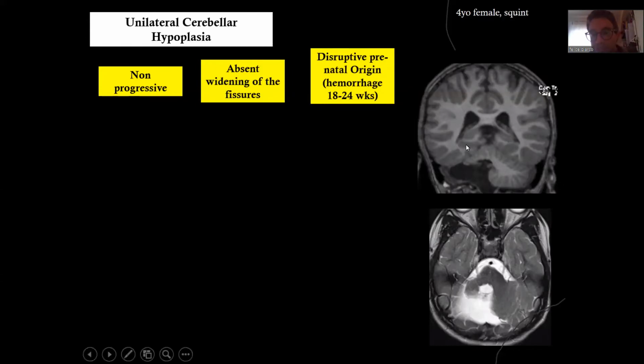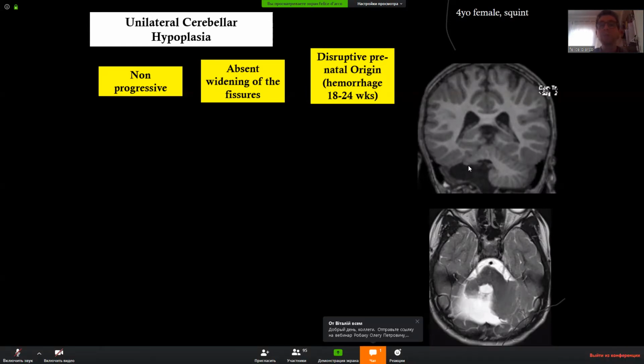The cerebellum can be very, very small, but there is no widening of the fissures, so the cerebellum is not atrophic. Most of the time, this is an insult that happened prenatally, which may have relevance when it comes to medicolegal problems, and they say it is between the 18th and 24th weeks of gestation. So you give a precise diagnosis, and you also give the clinician an explanation for the findings.